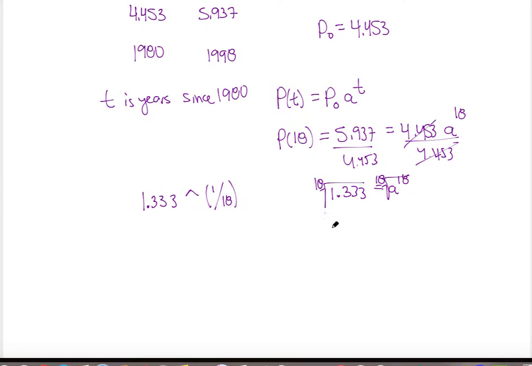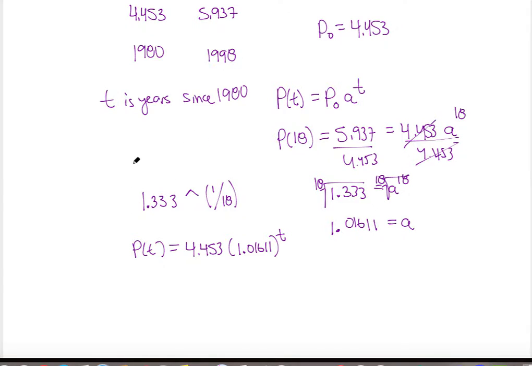So this gives us a base of 1.01611, which is equal to a. And so our function actually ends up being P of t equals 4.453 times 1.01611 raised to the t. And t is still years since 1980.